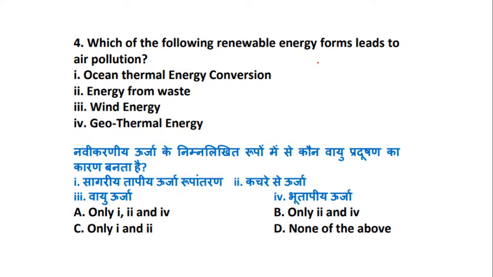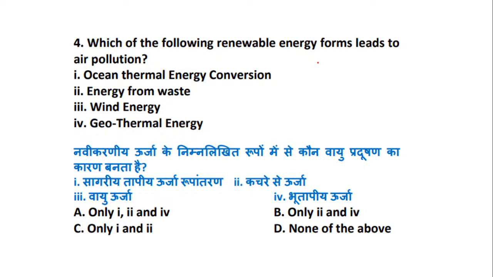Now, which of the following renewable energy forms leads to air pollution? We are talking about air pollution, but the question is asking which of the following renewable forms leads to air pollution. Whether it is ocean thermal energy conversion, energy from waste, wind energy, or geothermal energy.